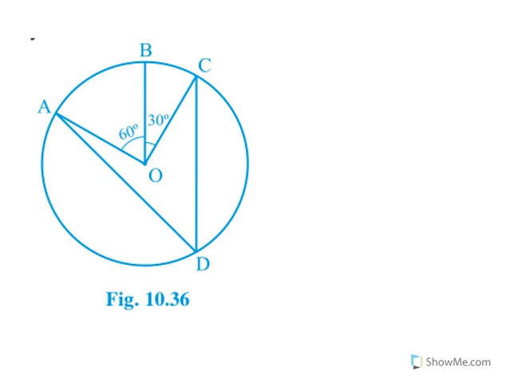Once again, here we have the central angle, and this central angle is 90, and this is our angle at the circle here.